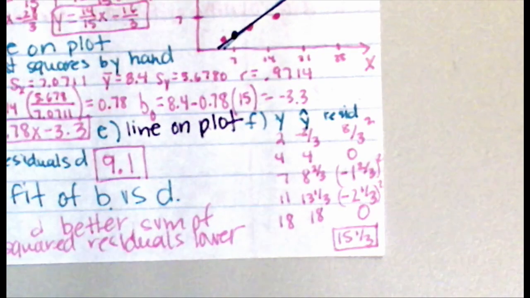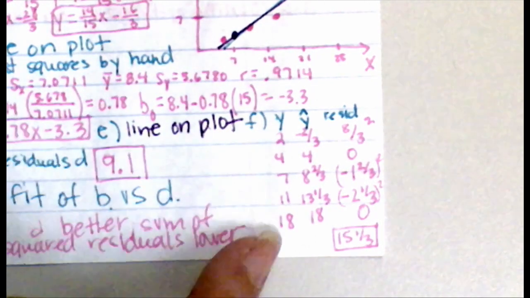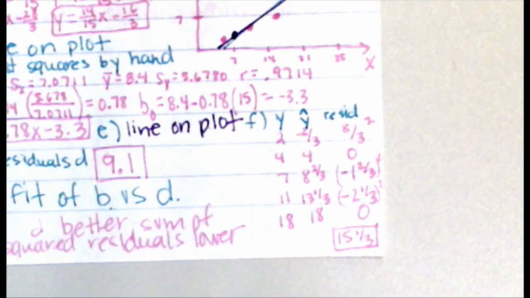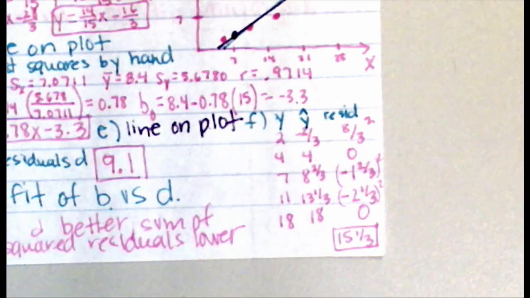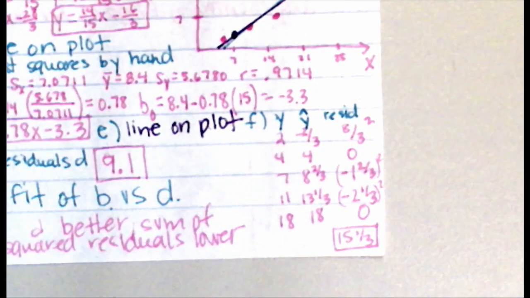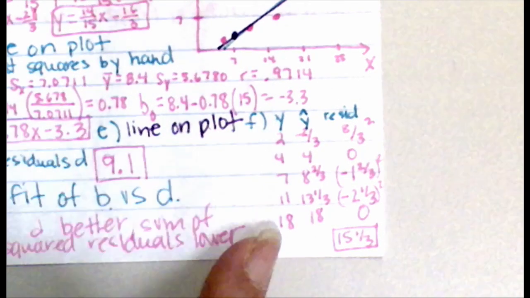How I got that, the y values are the actual values from the table that's given to you. Because again, residual is actual minus predicted. So I just copied all the y values from the table.